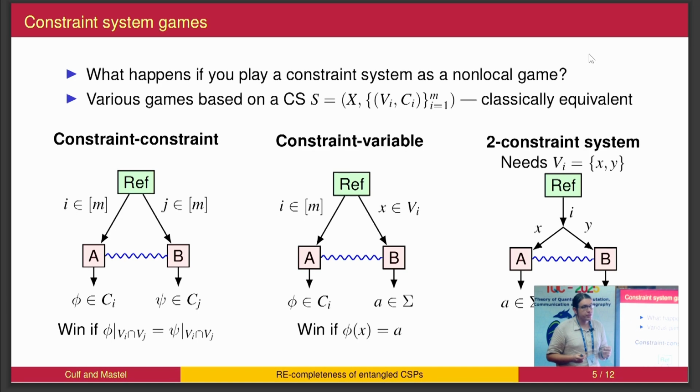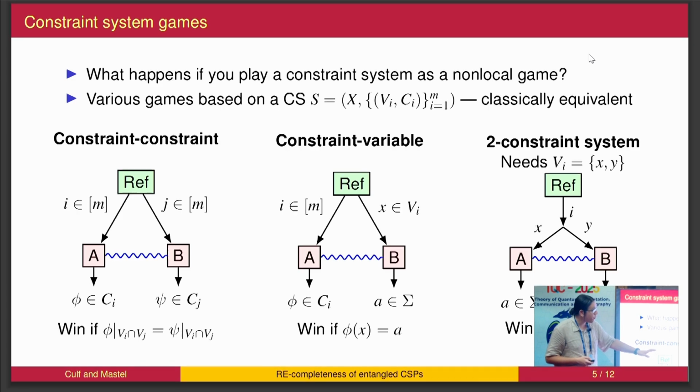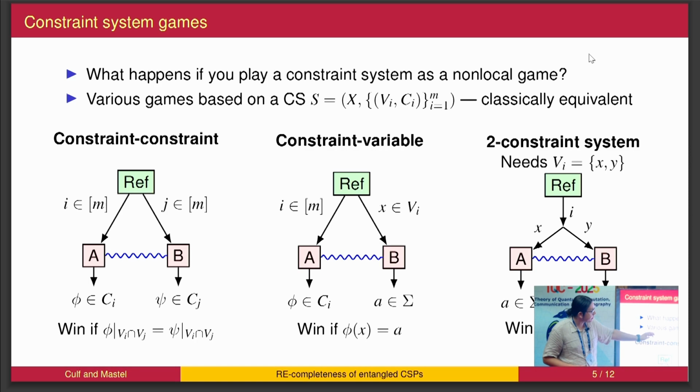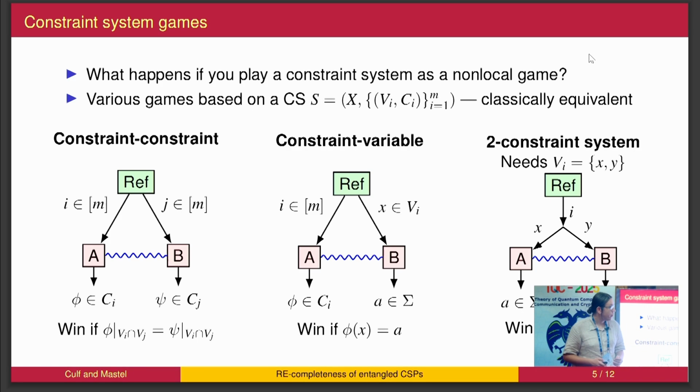And the players respond with assignments to those single variables. And now, instead of checking consistency, the players win the game if their assignments put together are satisfying for the original constraint. So as I mentioned, these first two are very similar, but this third one can have a different behavior.